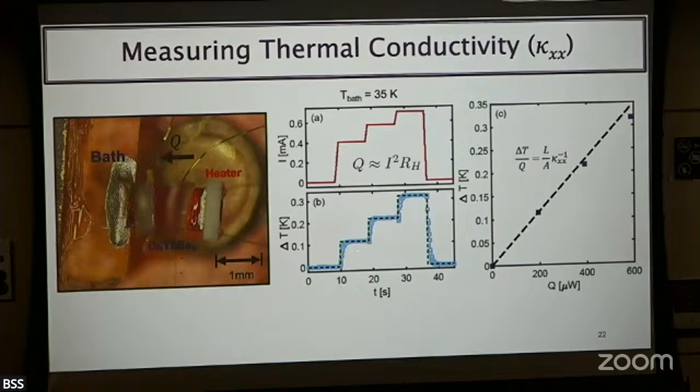Then the temperature gradient is established. The temperature at each point is different, but remains constant because the heat gradient becomes zero. So you have to wait until that point, and that time depends on the heat capacity of the thermometer and all those kinds of parameters.